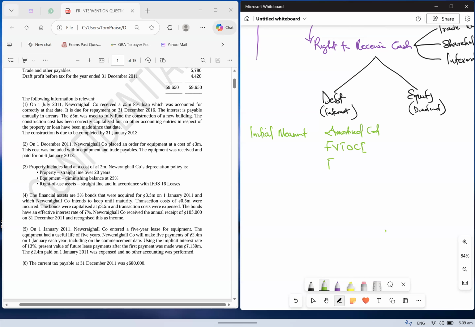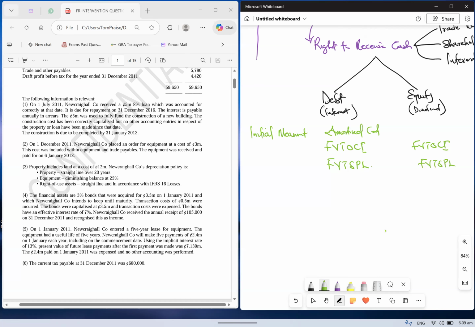Third one, fair value through SPL. The equity ones, we have only fair value through OCI and fair value through SPL. Good. So these are the types of financial assets you can have.